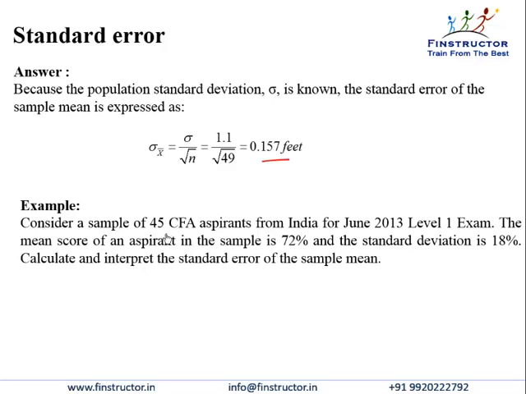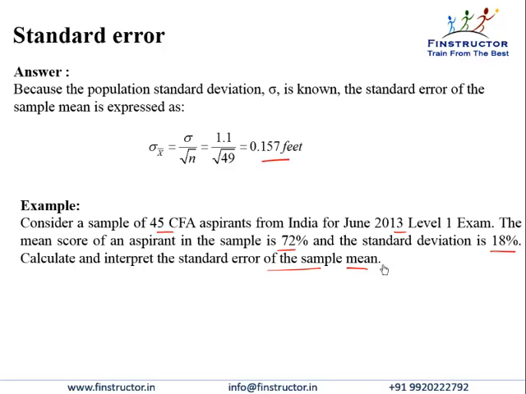Consider a sample of 45 CFA aspirants from India for June 2013 level 1 exam. The mean score of an aspirant in the sample is 72% and the standard deviation is 18%. Calculate and interpret the standard error of the sample mean. So the only problem in this case is that the population standard deviation is not given.